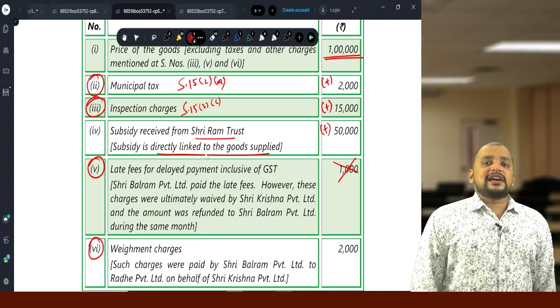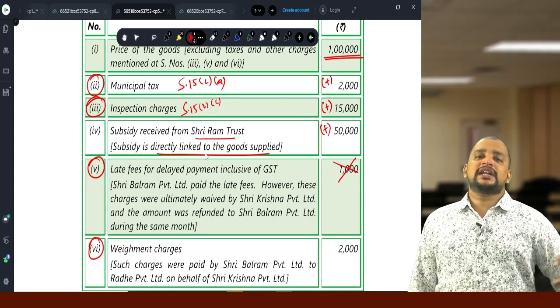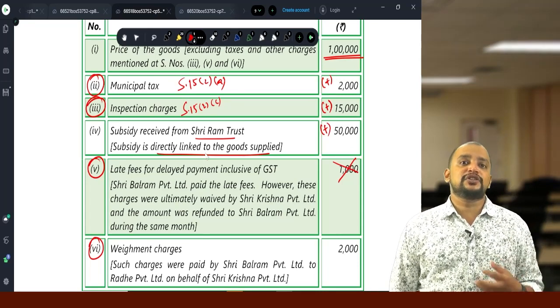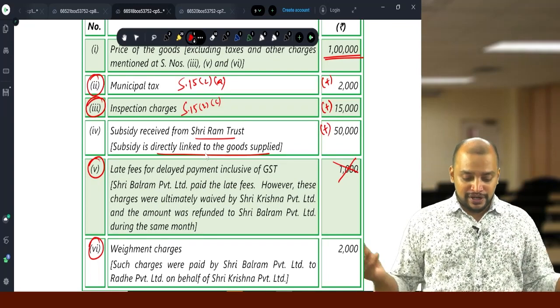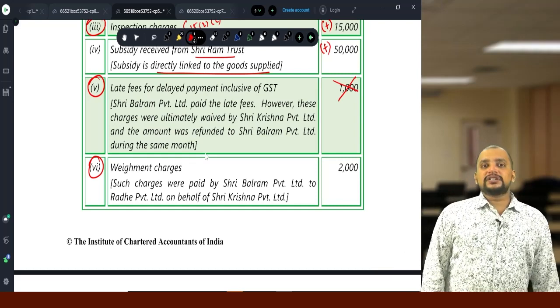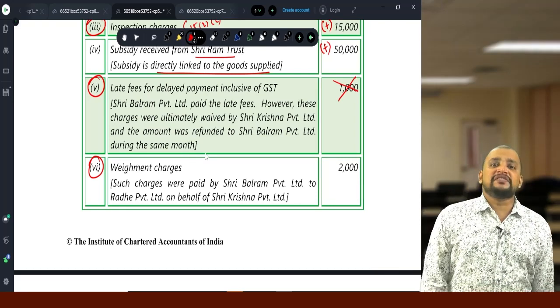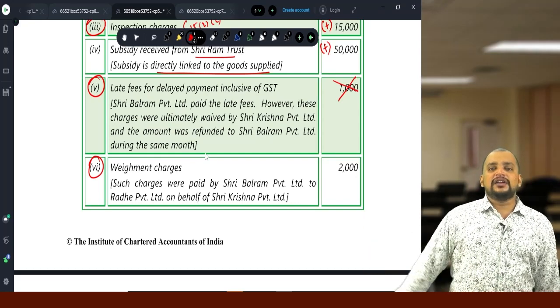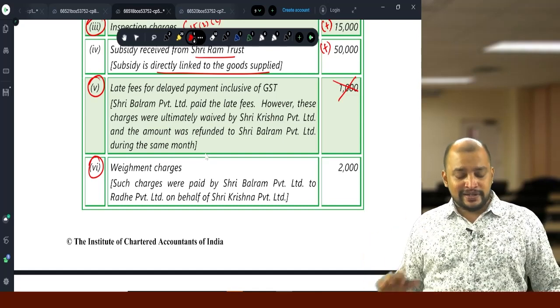Interest, late fee or penalty for delay in receipt of consideration is chargeable to GST on receipt basis. So here they have not received, so therefore there is no chargeability. Suppose if that late fee was collected this month and waived in the next month, then for this month we will add and next month we will reduce. Okay. But it is refunded in the same month, so that's why we are not taking it.